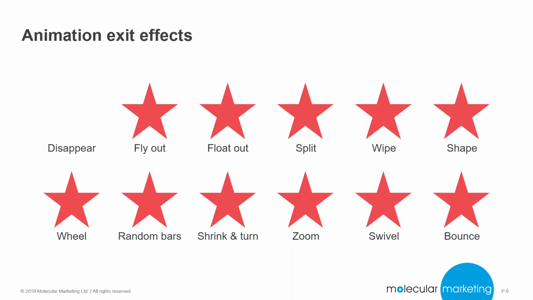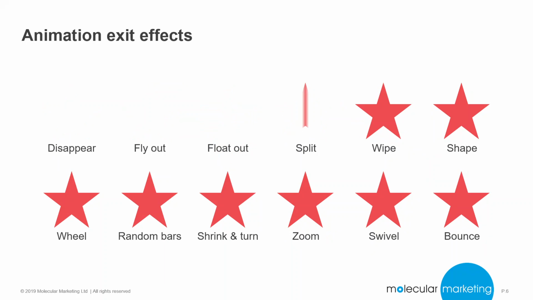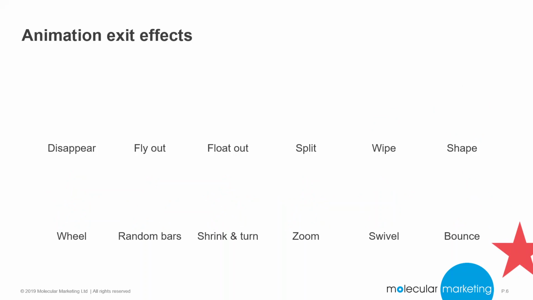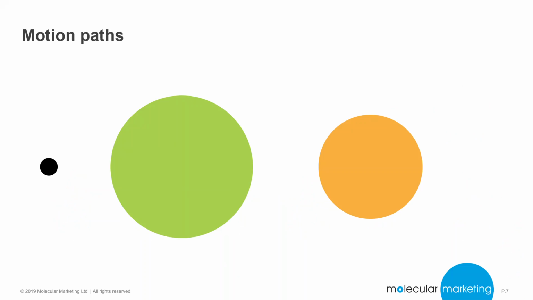And exit effects. So on any object or piece of text, you can add an entrance, an emphasis, and an exit effect. There are also motion paths, so you can select an object and make it move in a particular path, such as this.